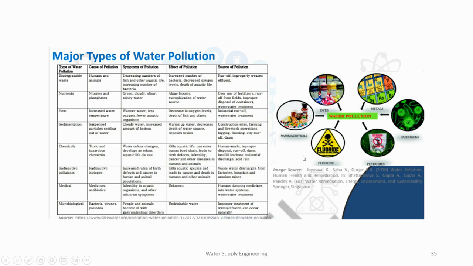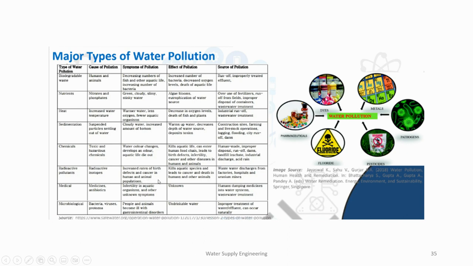Then we have radioactive pollutants caused by radioactive isotopes. The presence of radioactive isotopes will lead to an increased rate of birth defects, cancer, etc. in human and animal populations.